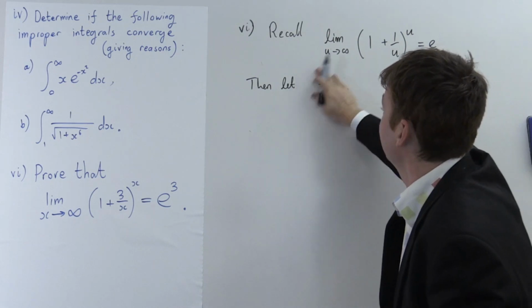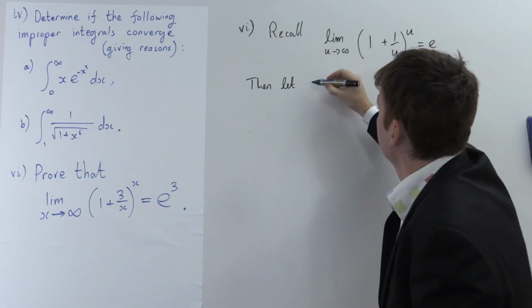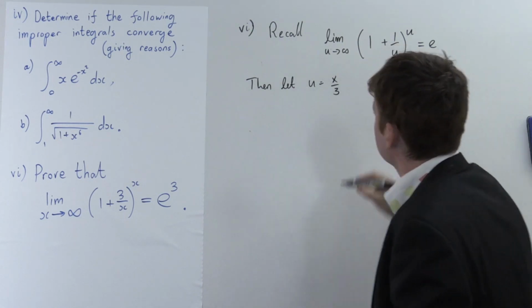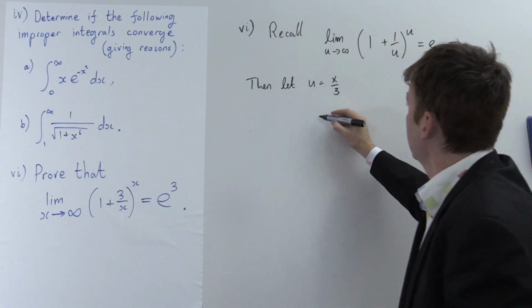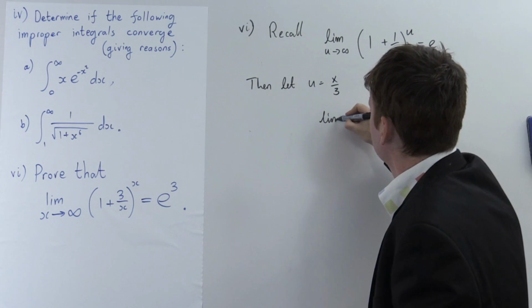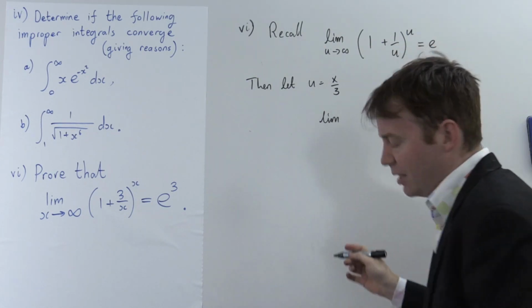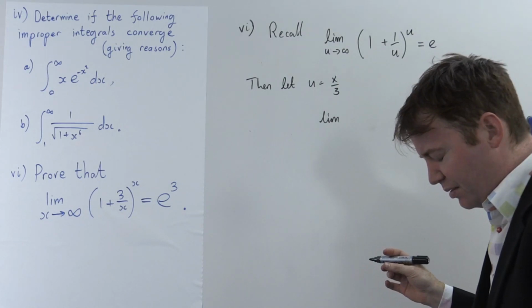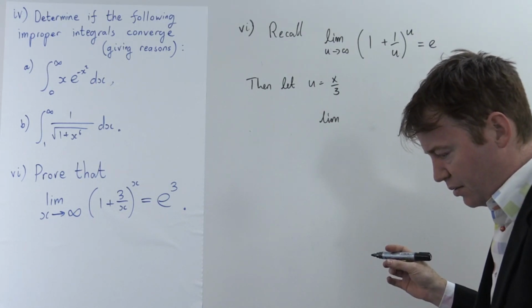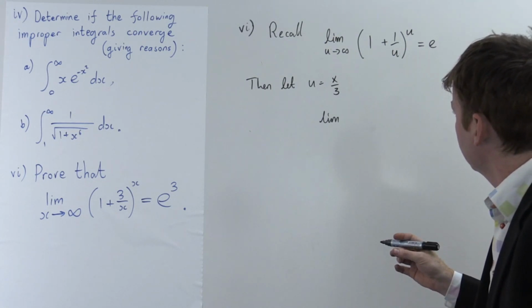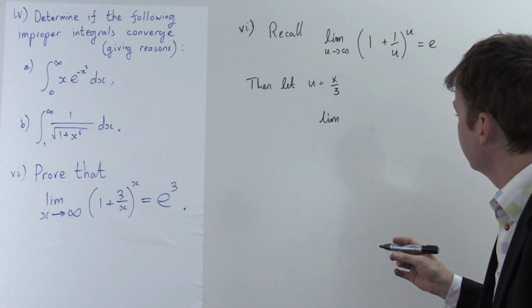No, and I'm getting this all backwards. Then let U be equal to x over 3. Then the limit. I'm getting all confused. Did I want to cube this? No, I think you want the substitution. I want the substitution. If you're going to start with that fact, you want the substitution. I've forgotten what I was going to do here.